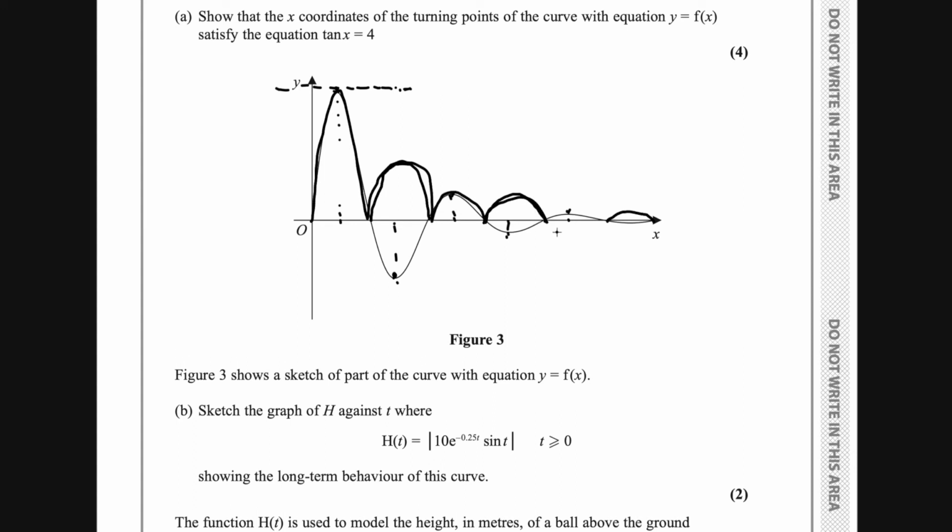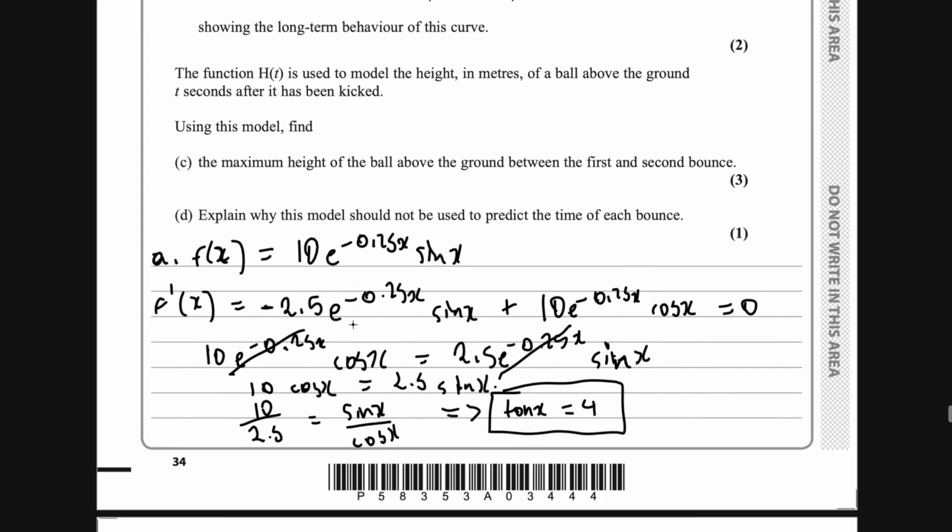If we imagine a ball, this is in the next part of the question, when a ball has been kicked and is bouncing around, it's going to get smaller and smaller in height after each bounce. So the function itself, once we've drawn this, should look a little bit like that.